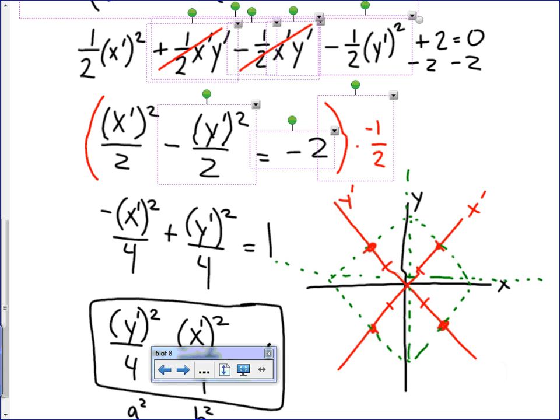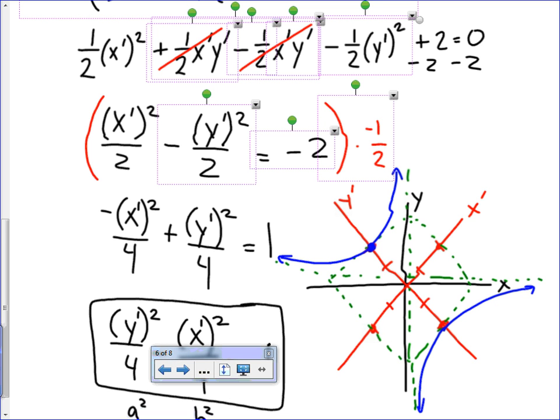And then remember, your transverse axis is your y prime axis. So make sure you draw your hyperbola opening with the vertex points, the a's. I would start at that vertex and I would follow my asymptote. Like so.